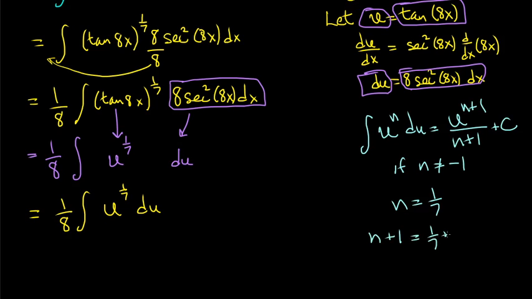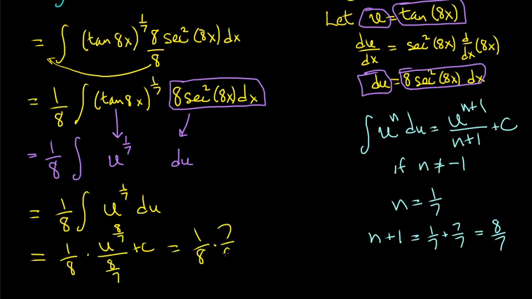1 over 7 plus 1 is 1 over 7 plus 7 over 7, which is 8 over 7. So when you divide by 8 over 7, you're multiplying by 7 over 8. So this is still 1 over 8 times u to the power 8 over 7 divided by 8 over 7, plus c, or 1 over 8 times 7 over 8 times u to the 8 over 7 plus c.